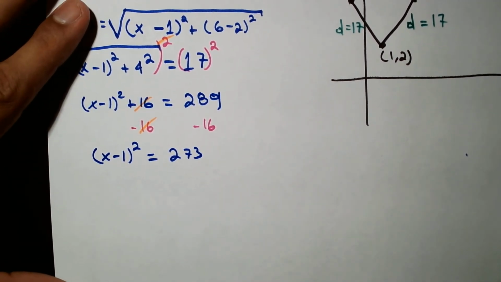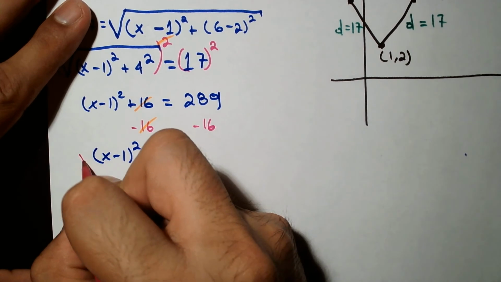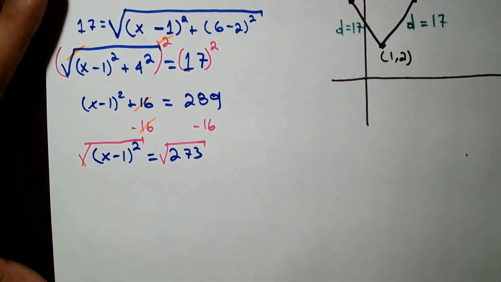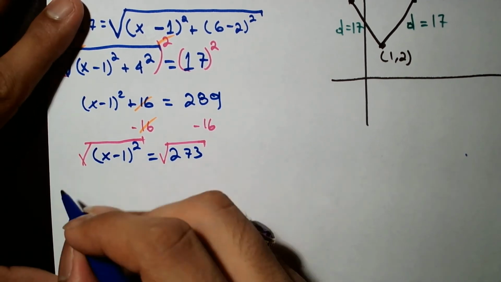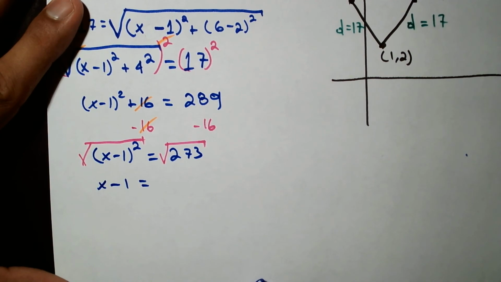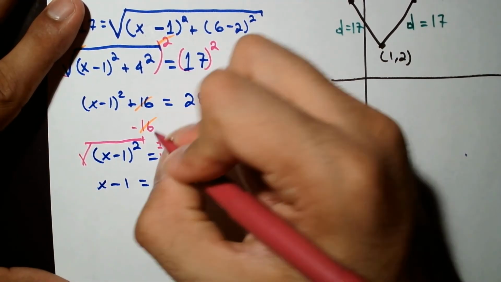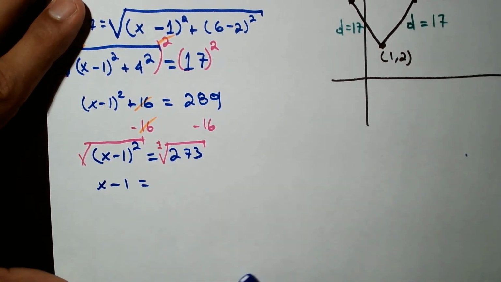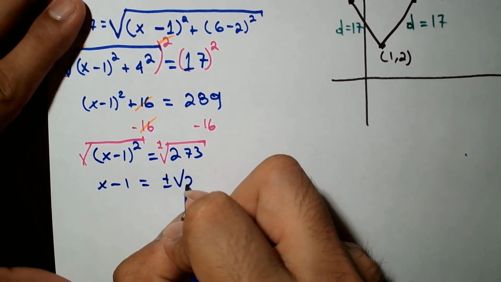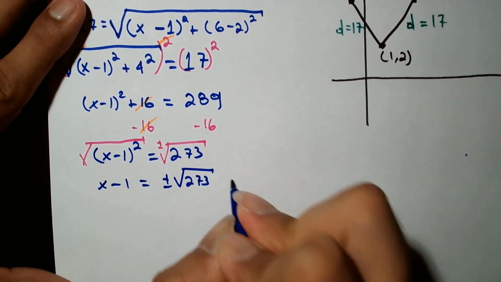Okay, so in this case, take the square root on both sides. And this is going to give us x minus 1 equals, by the way, don't forget the plus or minus for the right hand side, plus or minus the square root of 273.